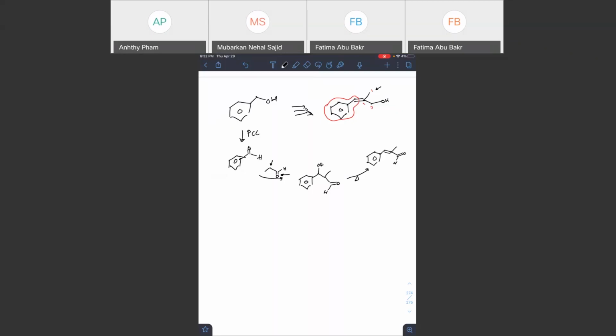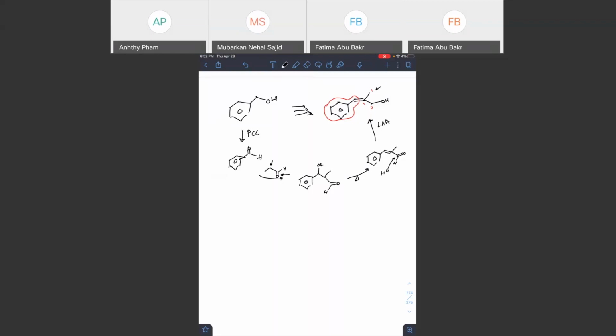We need to change that carbonyl into an alcohol. And what's the best way to do that? The best way is simply LAH or NaBH4. So LAH just gets a hydrogen to attack the bottom of the carbonyl.